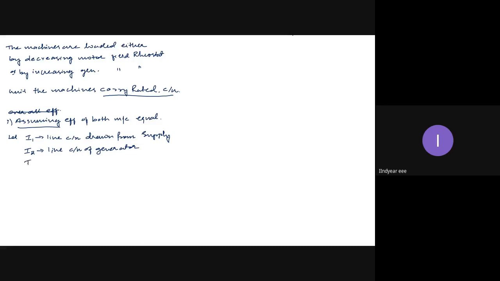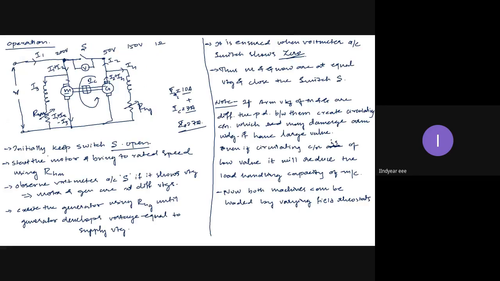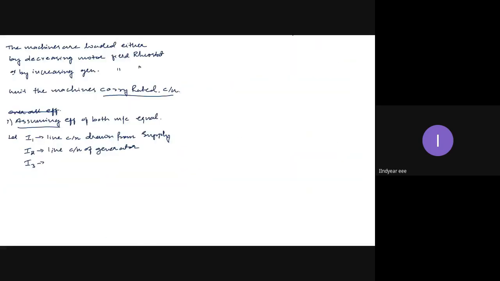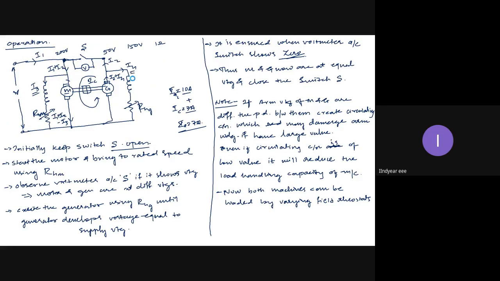I3 is the motor field current. You can observe I3 is the motor field current. I4 is the generator field current.